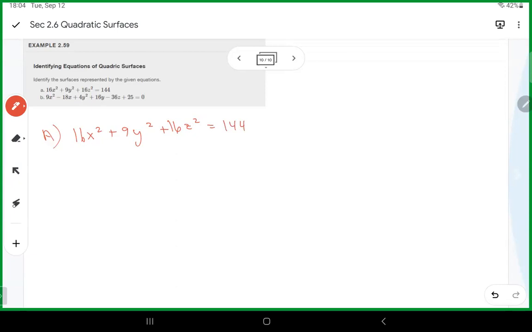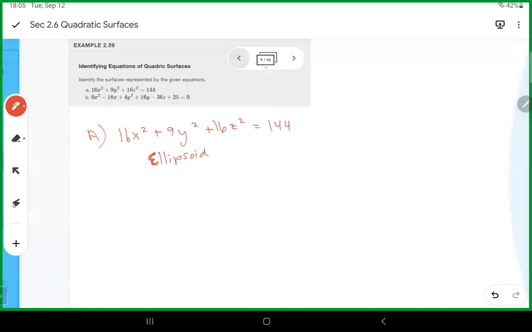All right, so x, y, and z are all squared, and they're also all positive. So that's actually going to tell us that this is an ellipsoid. And this is using those charts that I just showed you. However, if we want to put it into standard form, we have to do a little bit of work. So notice from that, I'll show you here.